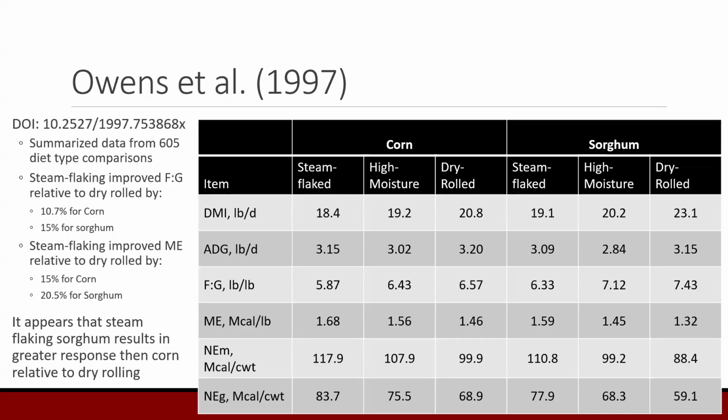Okay, why would processing grain reduce dry matter intake? Think back to monensin and its impact when we're feeding it to finishing cattle. What's regulating intake in finishing cattle?